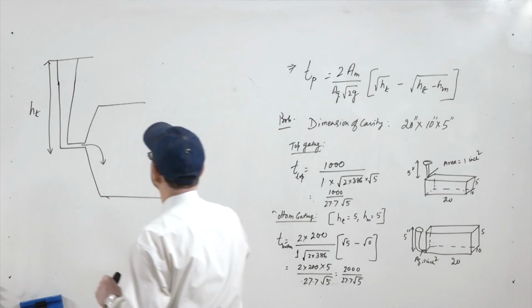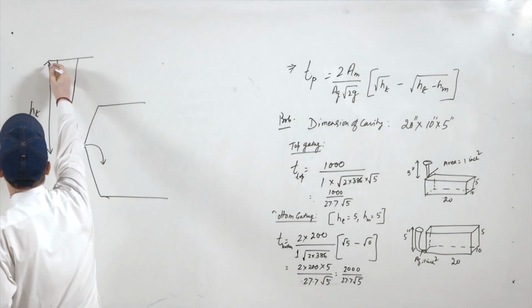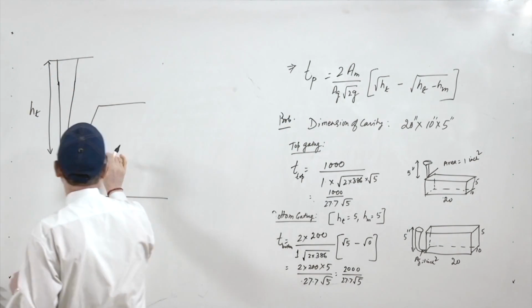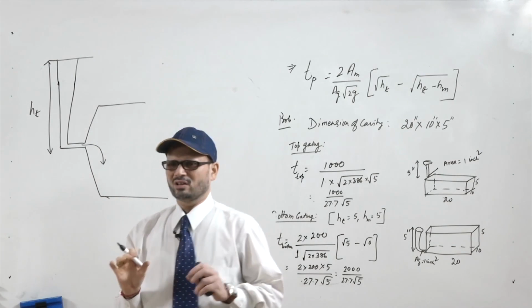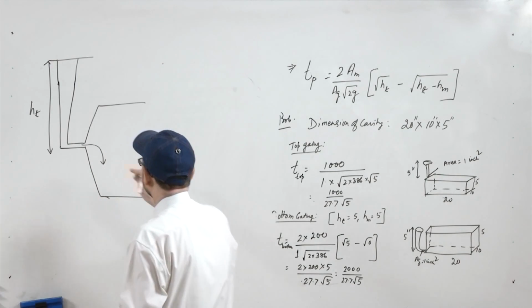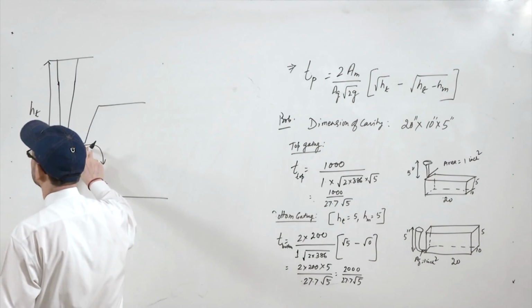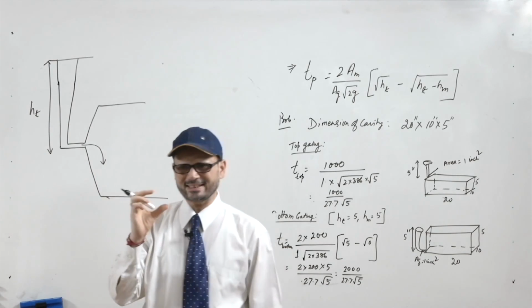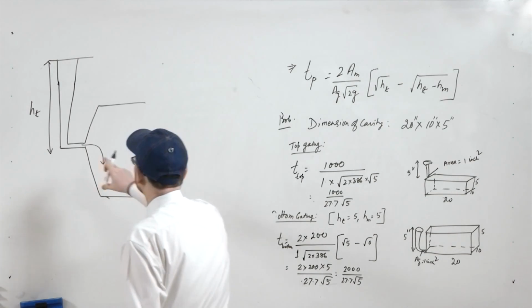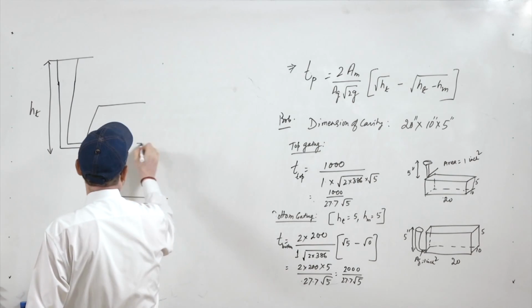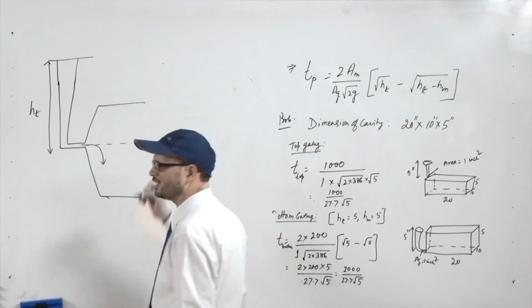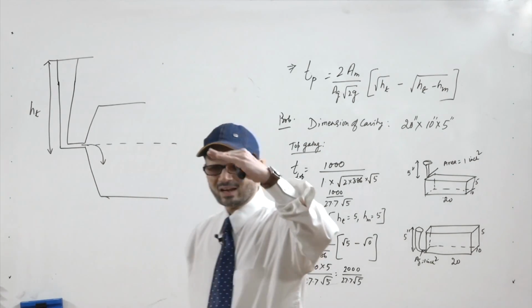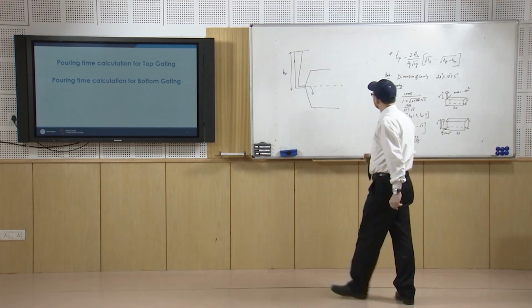So, in this case the formula is volume upon the velocity at this point, that is under root 2 g Ht into area at this gate. So, that will be calculated to find the pouring time in the lower half of the domain.